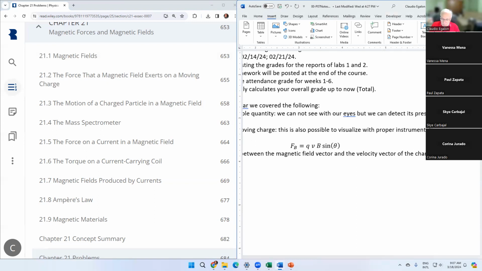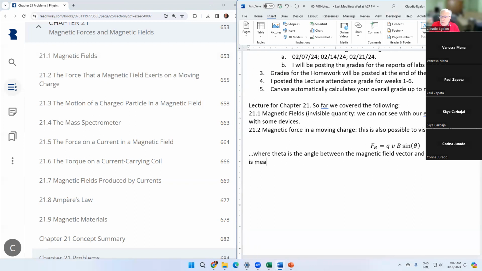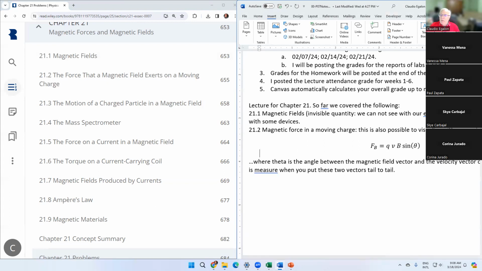This angle is measured when you place these two vectors tail to tail. That's how the angle is measured. The angle between them is going to be the angle theta.